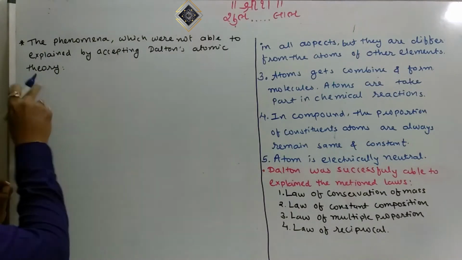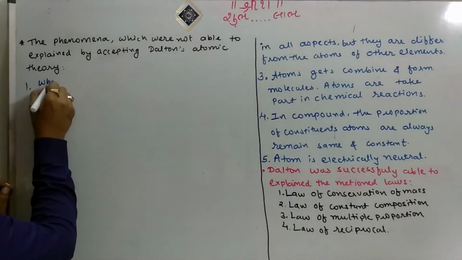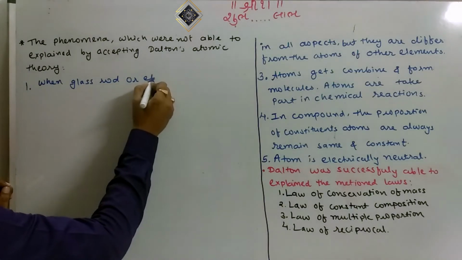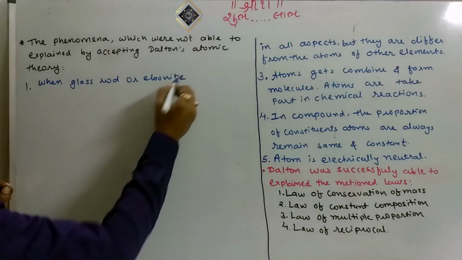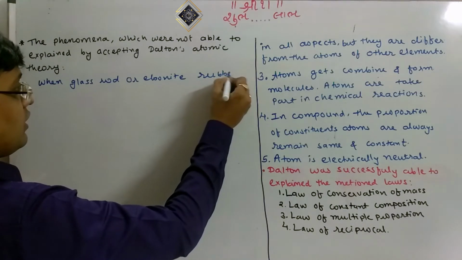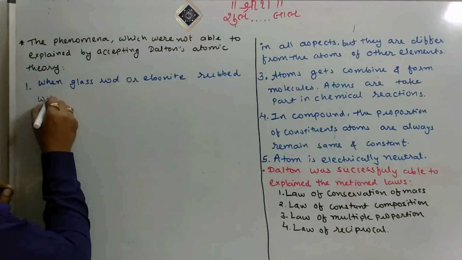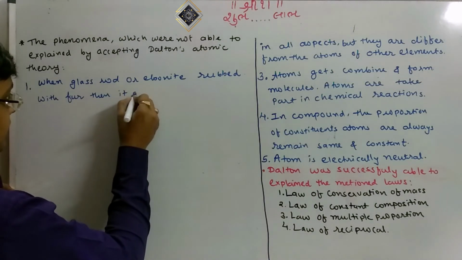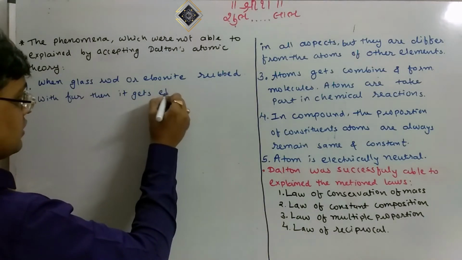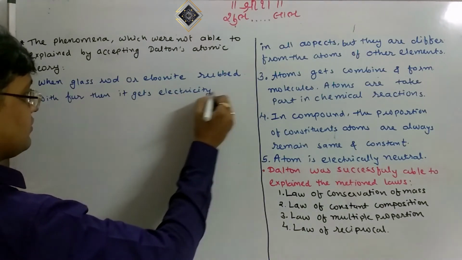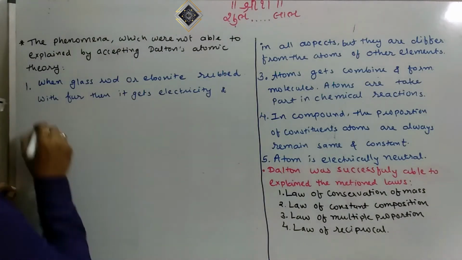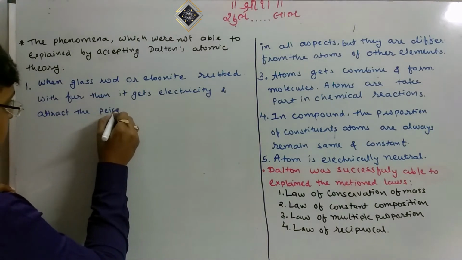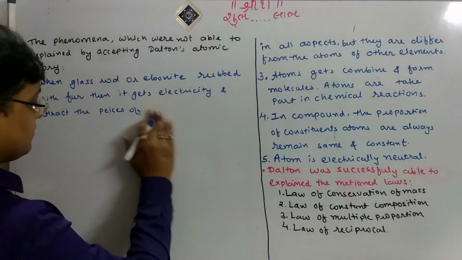The first phenomenon, as we discussed, is that when a glass rod or ebonite is rubbed with fur, it gets electricity and attracts pieces of paper, right?